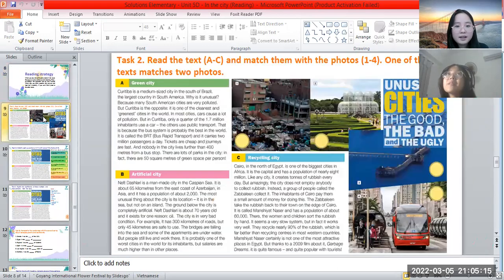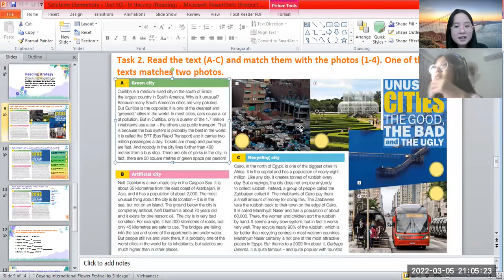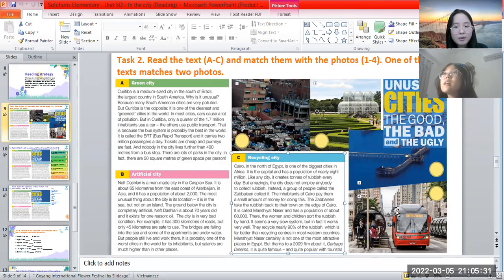Now the first one we have is reading. This one is matching the pictures here with some text here. We have three texts and four pictures, 1, 2, 3, and 4.